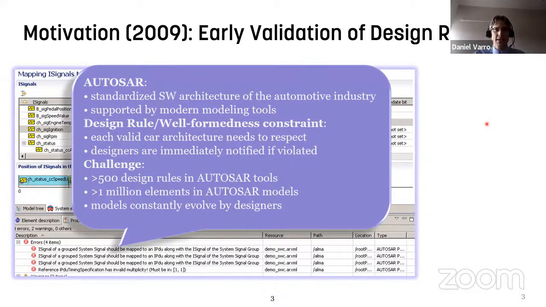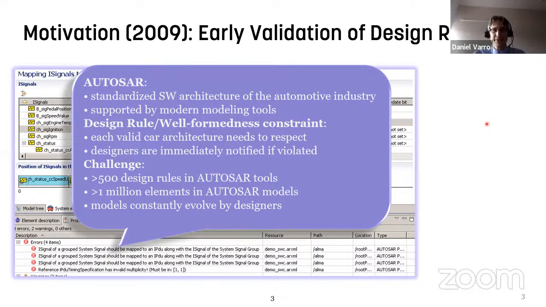And this is supported by quite a couple of modern modeling tools. And the standard itself also contains quite a set of design rules, you could also call them well-formedness constraints, which need to be respected by each valid car architecture. And if one is violated, then the systems engineers need to be notified immediately.